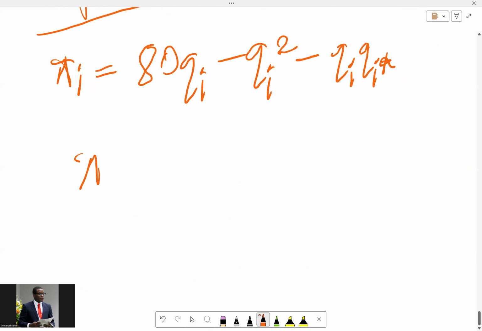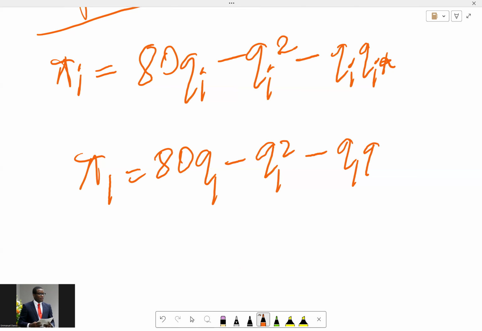It means that pi 1 is simply 80 Q1 minus Q1 squared minus Q1 Q2.